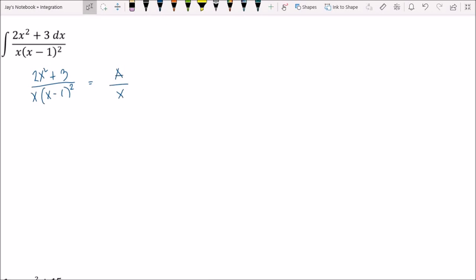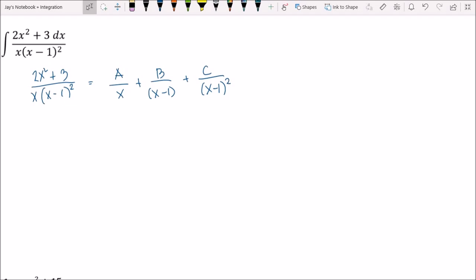Then plus, since our x minus 1 has an exponent of 2, we have to get a partial fraction for each exponent from 1. That is B over x minus 1 plus C over (x minus 1) squared. So this is the partial fraction.